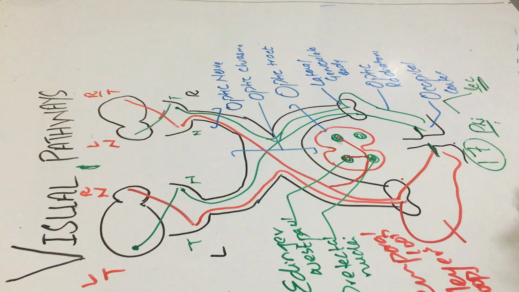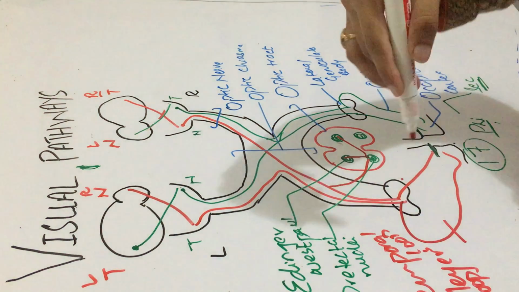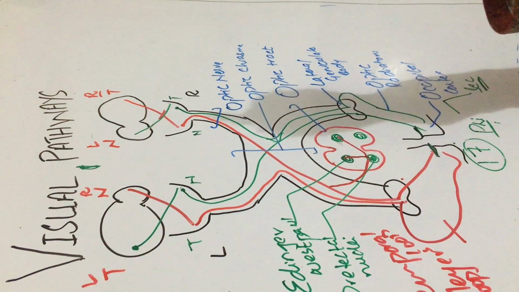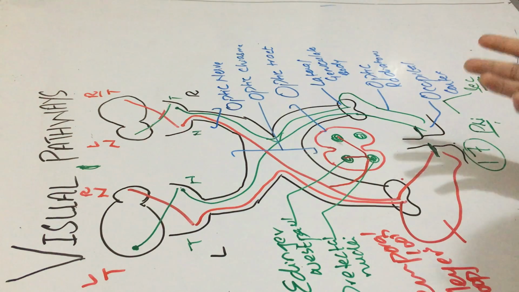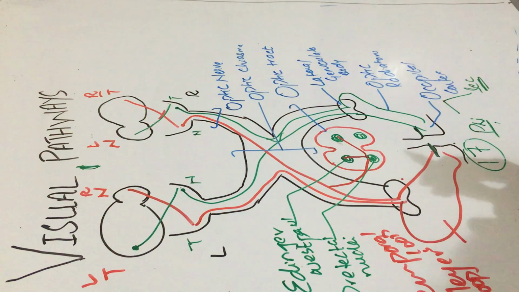Now here I tell you the function of these fibers. You know that the fibers which come out of the Edinger-Westphal nuclei and go to the eye will be responsible for the constriction of pupil.